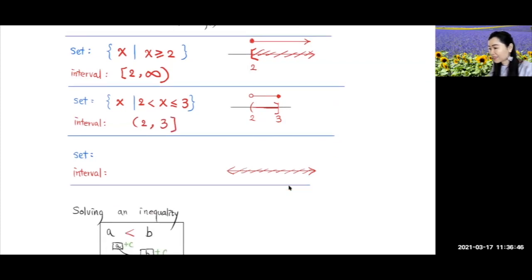Now what about this? If the whole number line here is shaded, how do you represent all real numbers? The set notation for all real numbers will be this capital R with a double bar. This stands for the set of all real numbers.